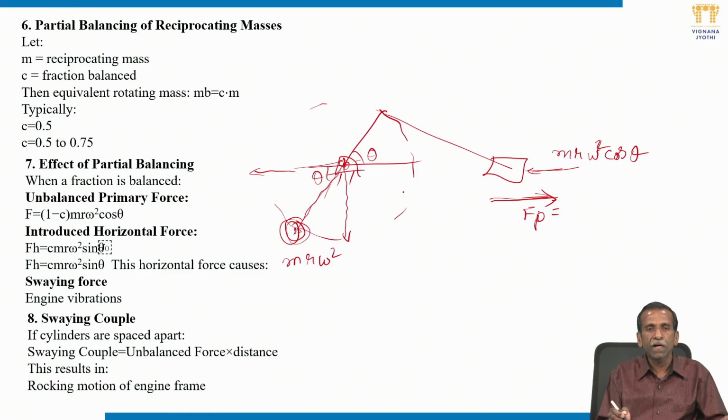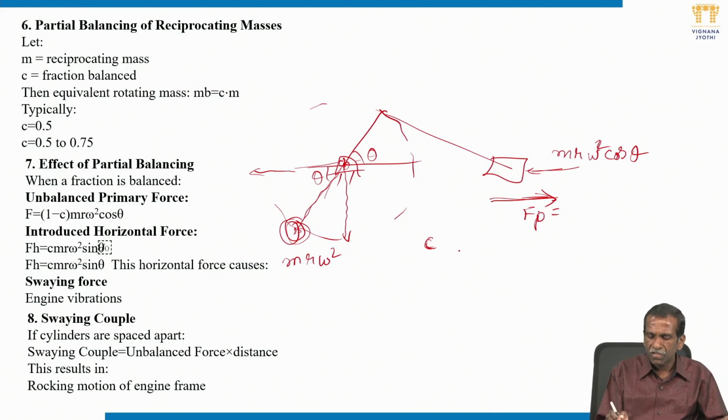So we come to a compromise: we use only some fraction of the primary force for balancing. We use only a fraction C of this force, and C generally varies from 0.5 to 0.75.